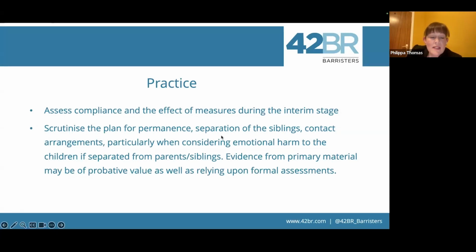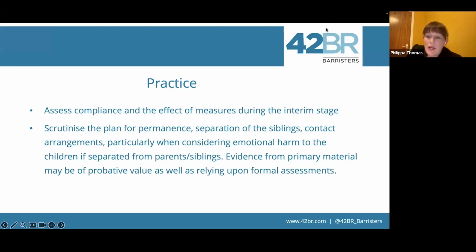There must be assessed compliance and the effect of measures during the interim stage, and they must scrutinise the plan for permanence. They must look at the separation of the siblings, contact arrangements, particularly when considering emotional harm to the children if separated from their parents and their siblings, and evidence from primary material may be of probative value, as well as relying on formal assessments.